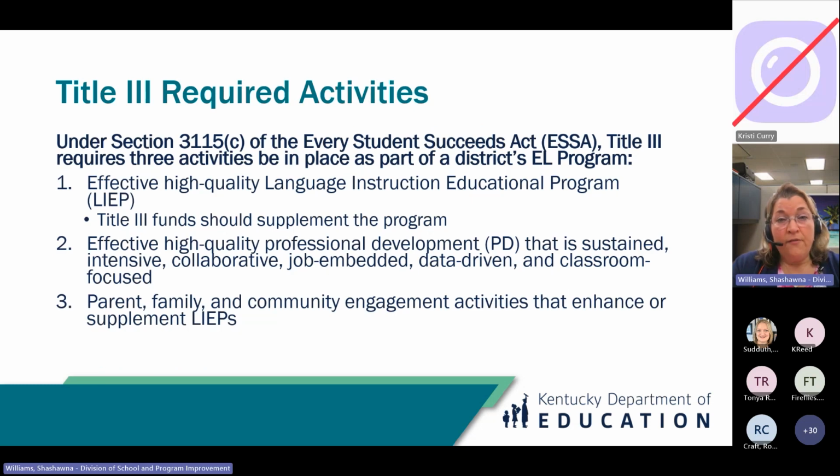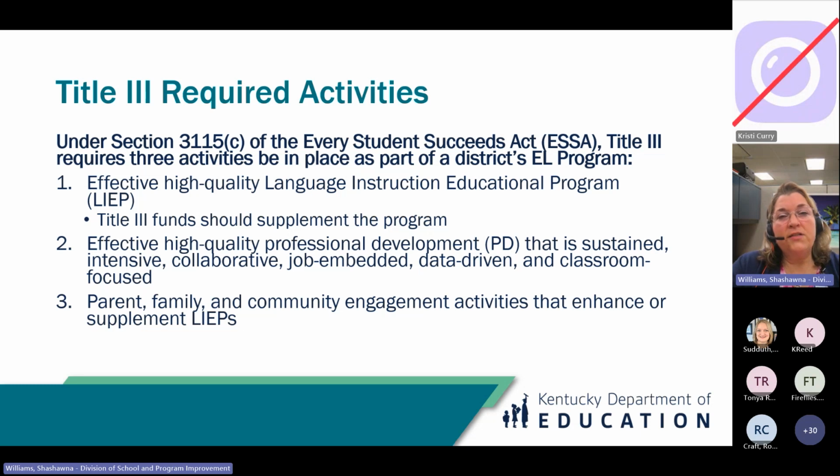Title III does have required activities. Under Section 3115(c) of the Every Student Succeeds Act, Title III requires that three activities be in place as part of a district's EL program. The first is an effective high-quality language instruction educational program, or LIEP.